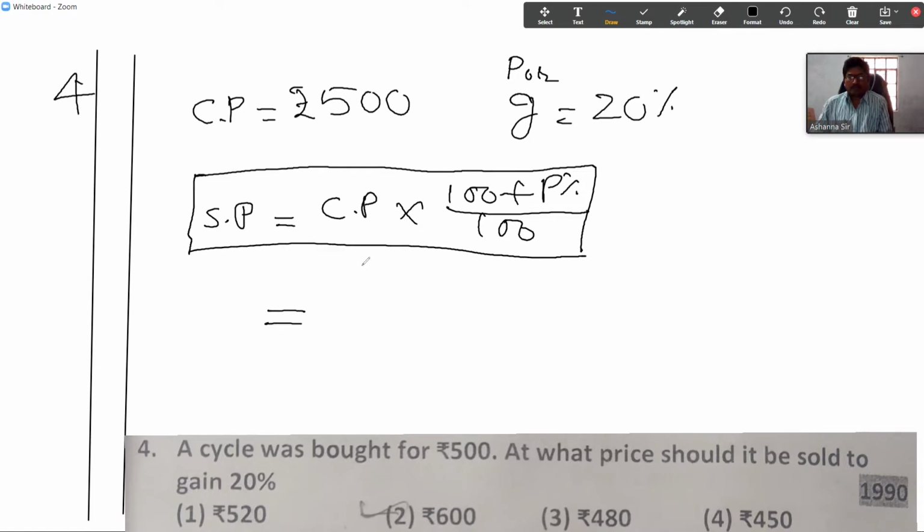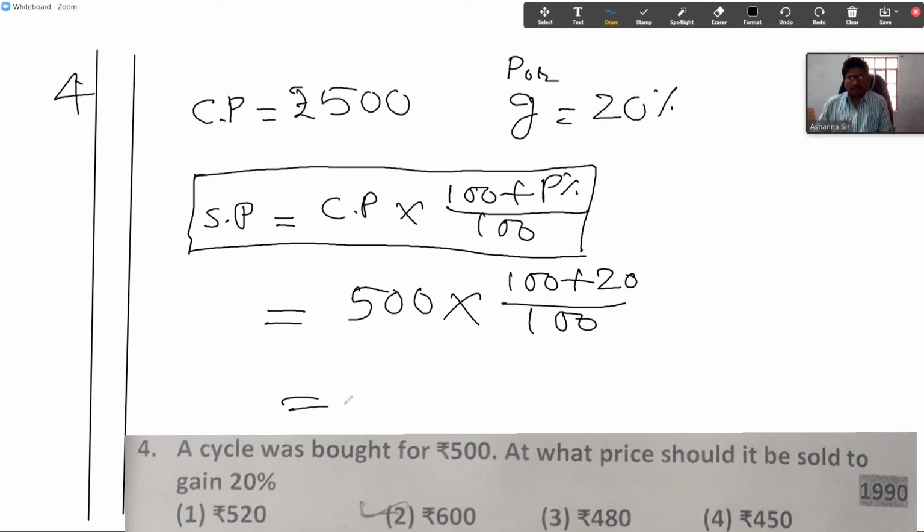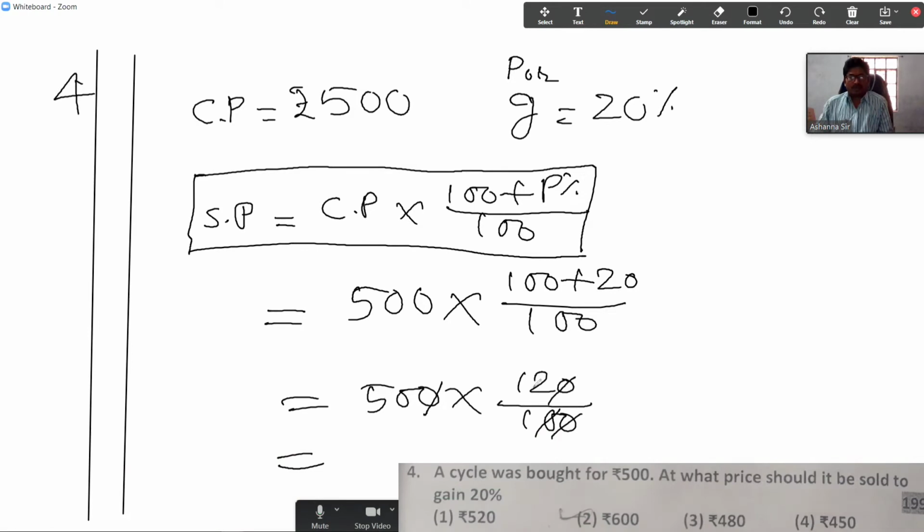So cost price 500 rupees, 100 plus profit percent 20 by 100. That is equal to 500 into 120 by 100. 10, 10, 10. 5 12s are 60.